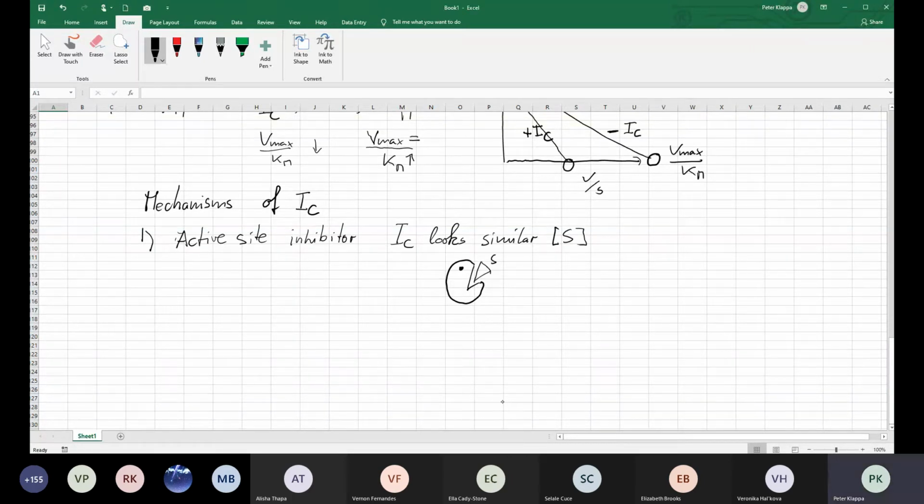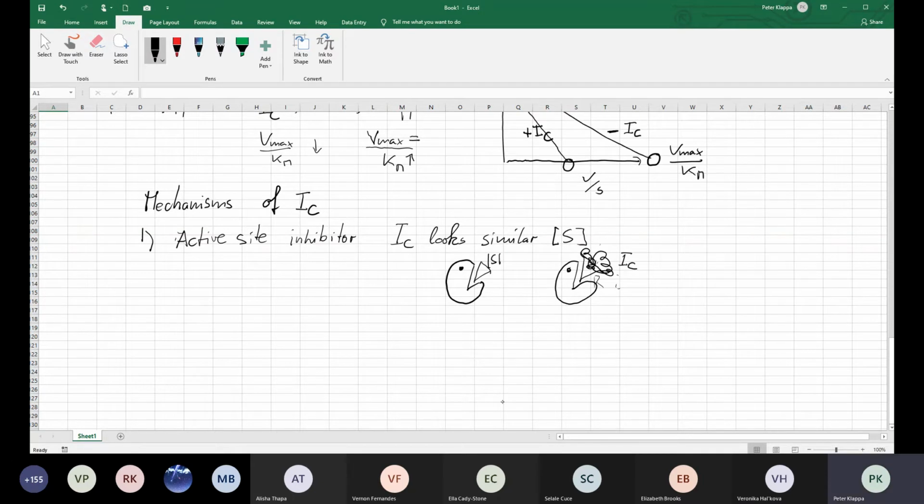So that's our substrate here. And the inhibitor might look like that. So that's the competitive inhibitor.